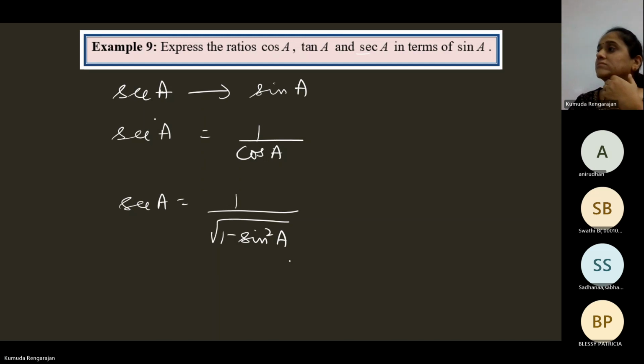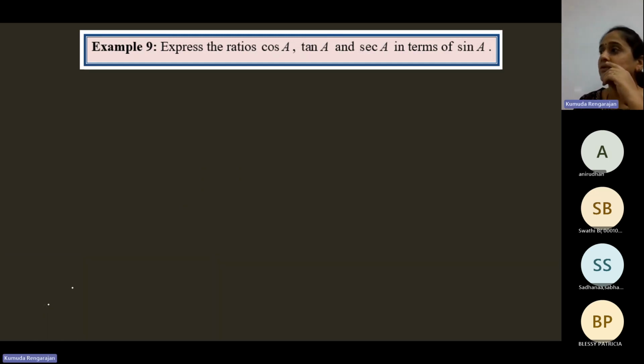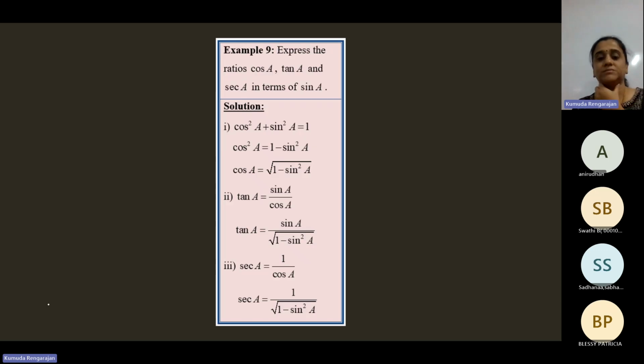Got that? Got that, children? Yeah, write down. Today we'll be understanding and also writing out in your notebook. Please write down.